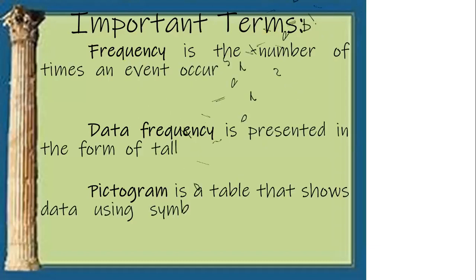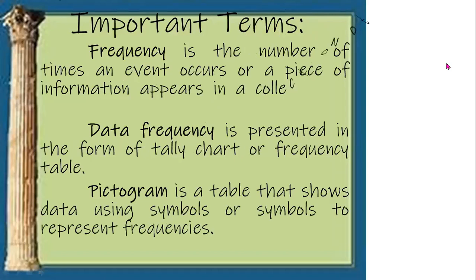But before that, let us take first the important terms when it comes to statistics. First is frequency. JJ, please read what a frequency is. Frequency is the number of times an event, cause, or a piece of information appears in a collection of data.